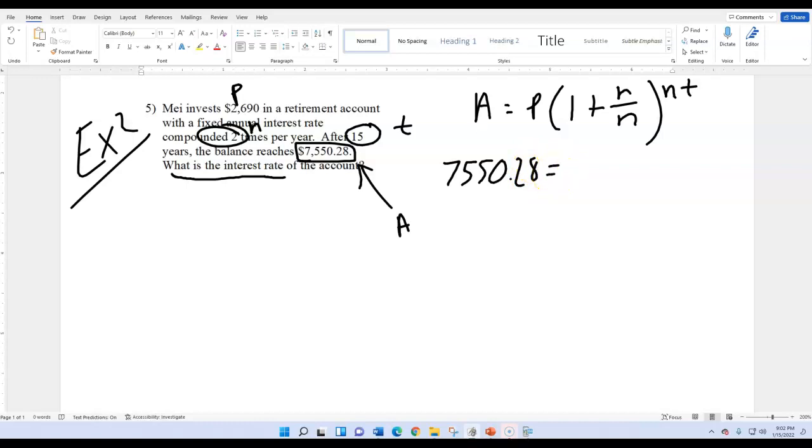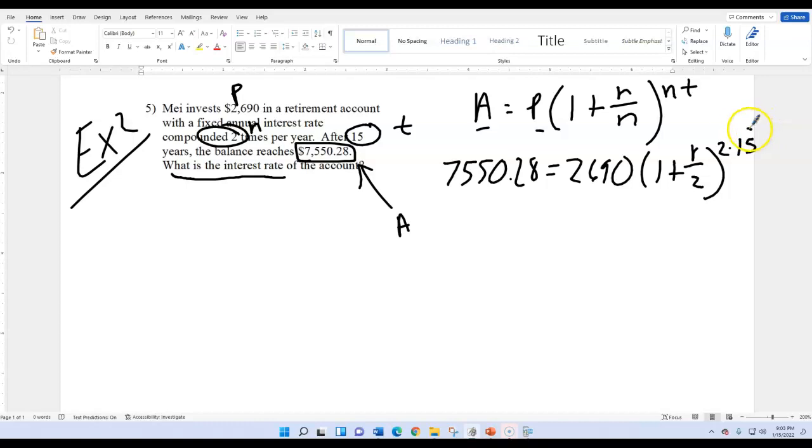The P value, we also know, it's 2,690. What I don't know this time is the R value, so I'm going to leave that as an R. But I do know the N value is 2. It's compounded twice a year. And I also know how many years have gone by. Okay, so you're going to need your calculator for this kind of stuff.